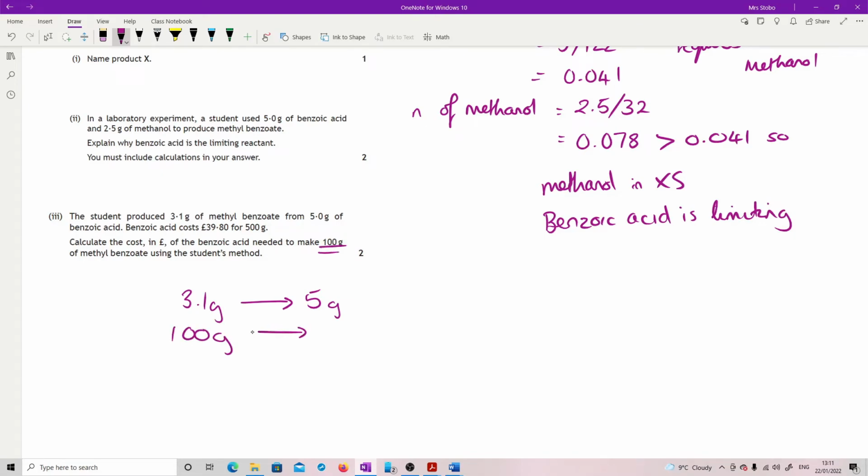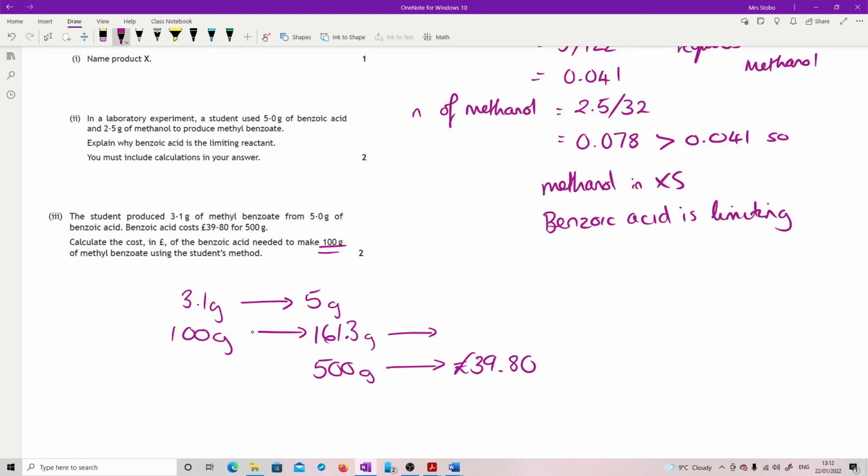So we need to start here by working out how many grams of benzoic acid we need. So 100 divided by 3.1 times by 5 gives me 161.3 grams of benzoic acid. That's how much I need. Okay. I am told that 500 grams of that costs £39.80.